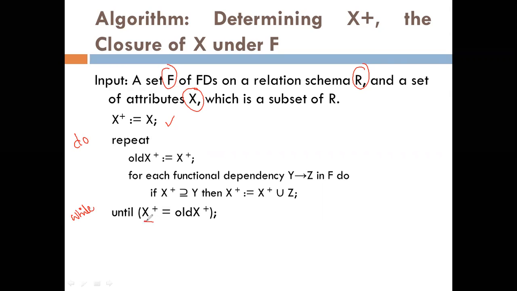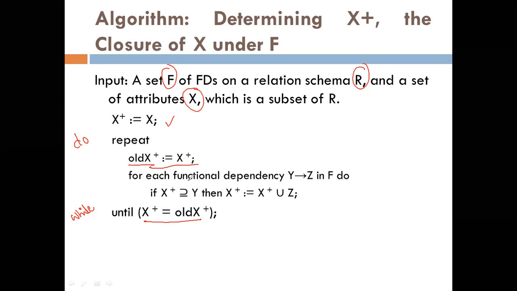Until the condition that the closure X plus is equal to old X plus. So old X plus is a temporary storage. In the beginning, the old closure is initialized to X plus, and X plus is initialized to X.